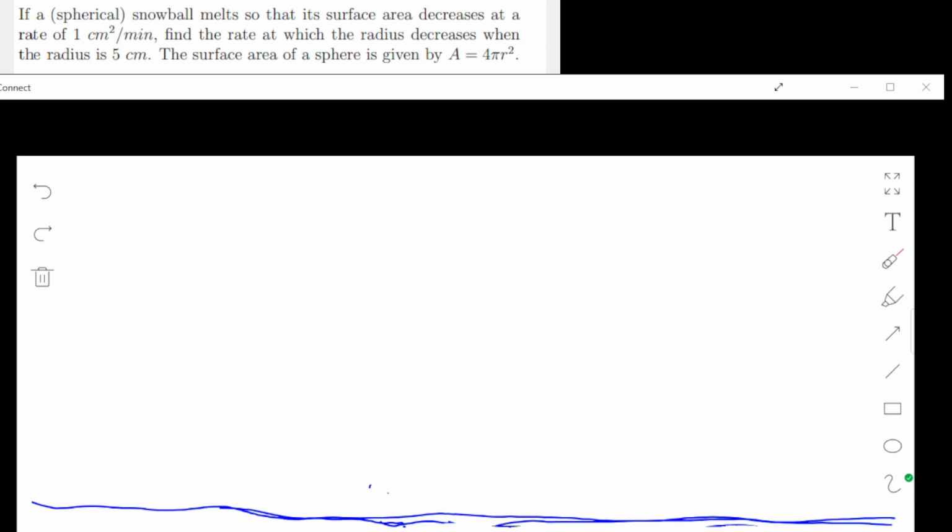That means its derivative will be a negative number. If a spherical snowball melts so that its surface area decreases at a rate of 1 centimeter cubed per minute, find the rate at which the radius decreases when the radius is 5 centimeters. The surface area of a sphere is given by 4 pi r squared.